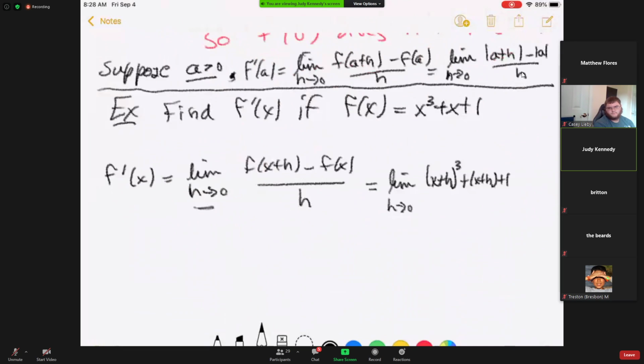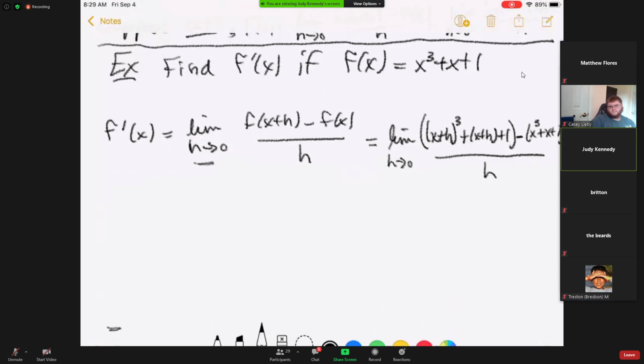And then f of x is just x cubed plus x plus 1. That looks a little daunting. I'm going to expand that x plus h cubed.